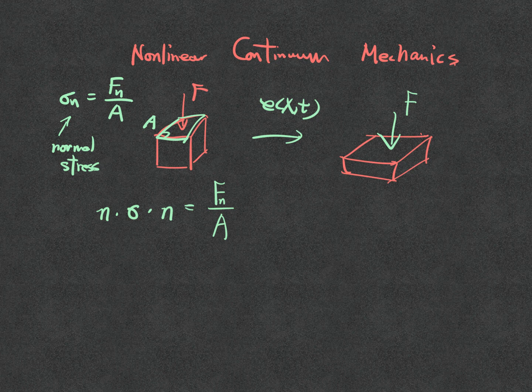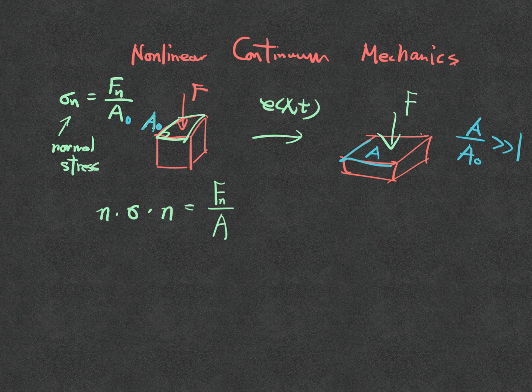Now I have a new problem here, because I have the original A, I would denote it as the original A, right? And now I have the new area. In this case, the new area divided by the original area is much greater than 1.